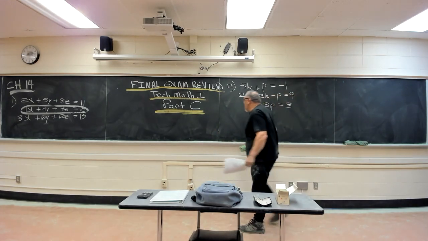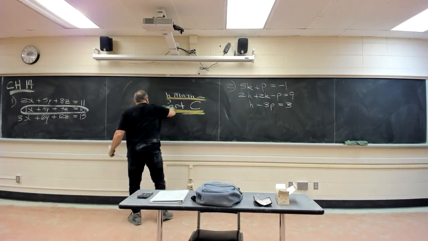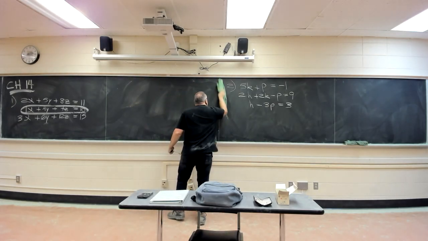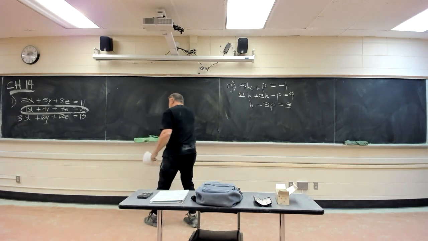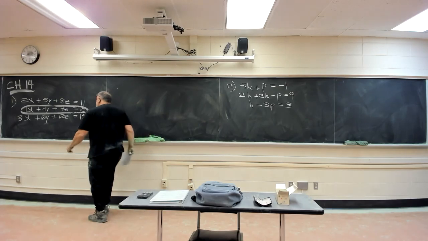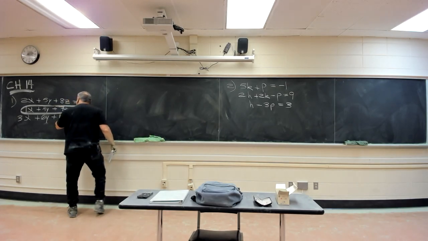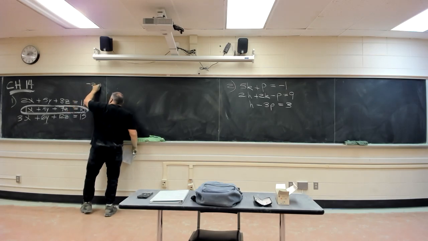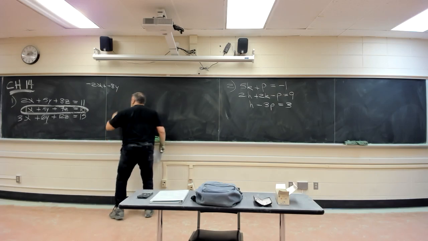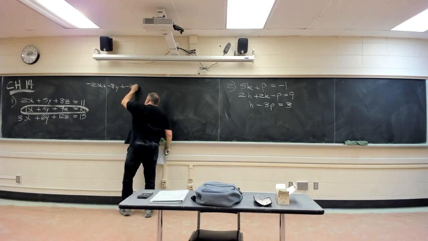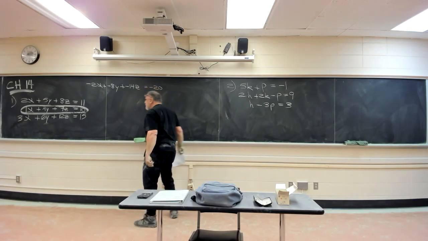So with that in mind, let's see what we can do. If I were to take this equation right here and multiply it by -2 all the way across, I would get -2x plus -4y plus -14z equals -20.